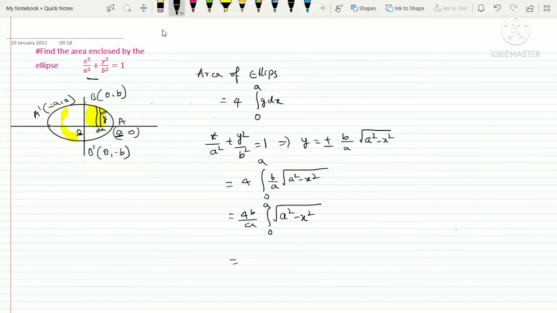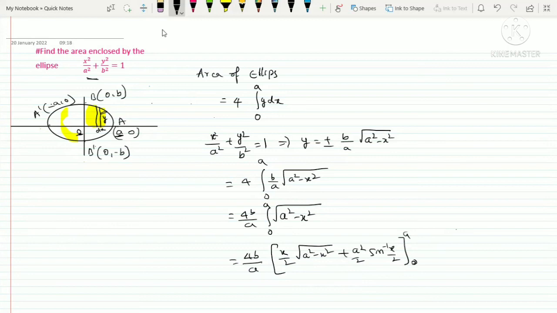What is the integration of root a square minus x square? That is 4b by a times x by 2 root a square minus x square plus a square by 2 into sine inverse x by a, from 0 to a.